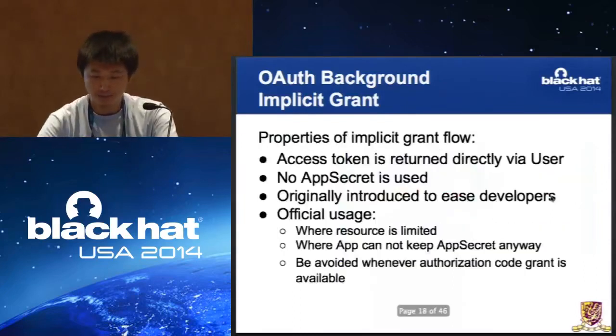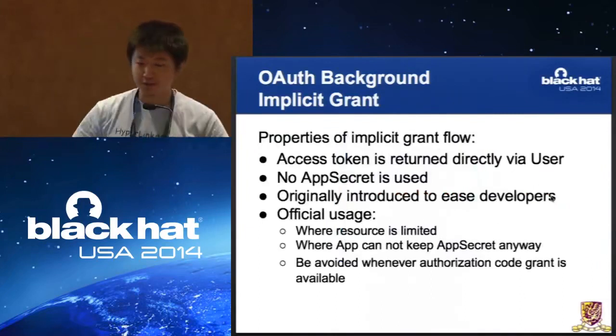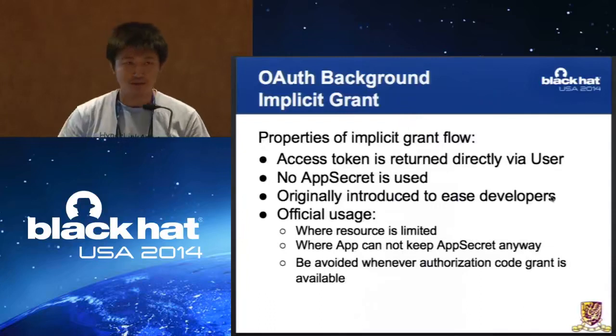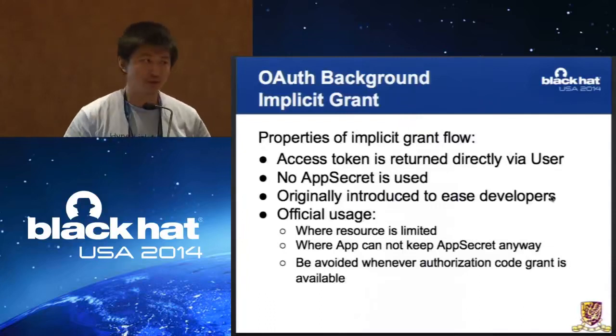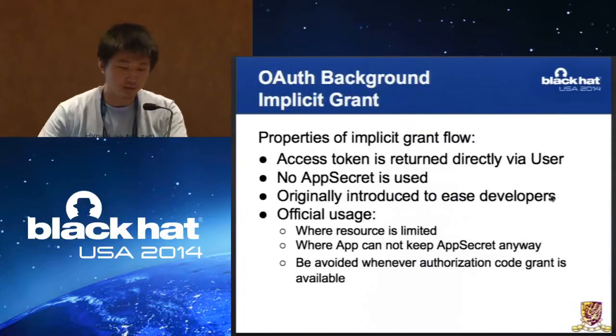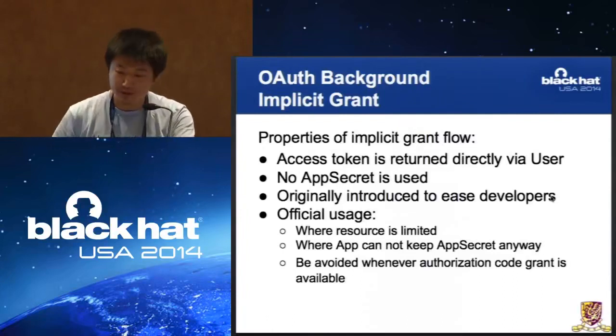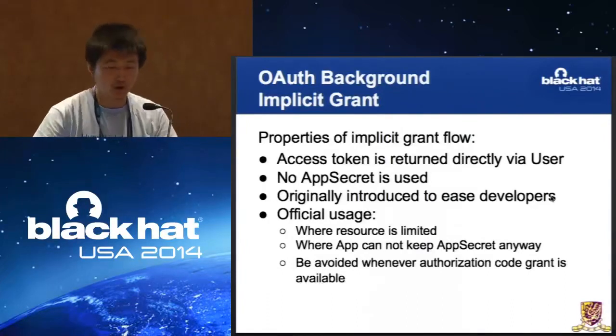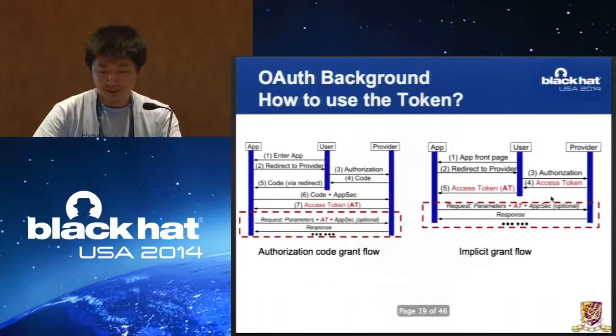So the property of implicit grant flow, you already noticed that during this process, no app secret is used. And this flow was originally introduced to ease developers because developers don't want to write cryptography primitives. And also in some scenarios, probably resources are limited, or for example, like a browser plugin, where your app cannot keep your app secret anyway. But the general advice is please avoid implicit flow whenever you can.